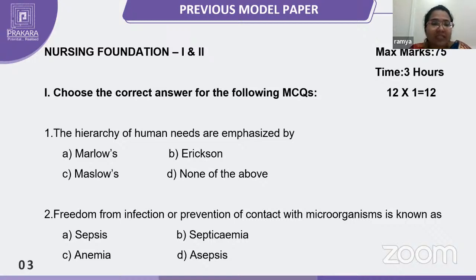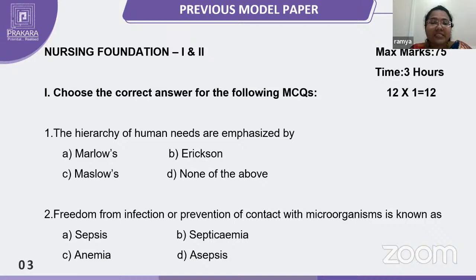In the second one, the freedom from infection or prevention of contact from microorganisms is called. It is free from some sort of infections, not causing any sepsis, septicemia or anemia. So the right answer will be sepsis.